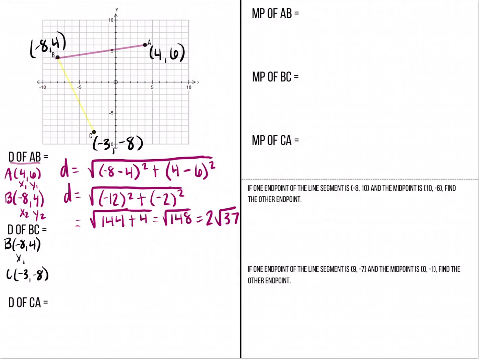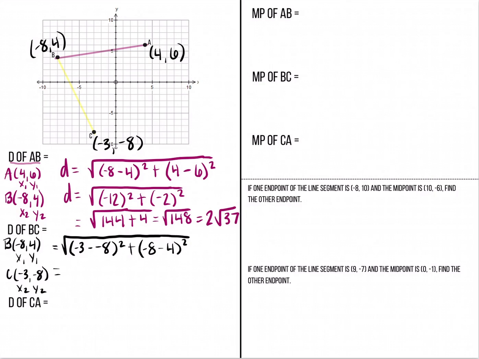So x1, y1, x2, y2. The distance is the square root of x2 minus x1, -3 minus -8, squared, plus y2 minus y1, -8 minus 4, squared.